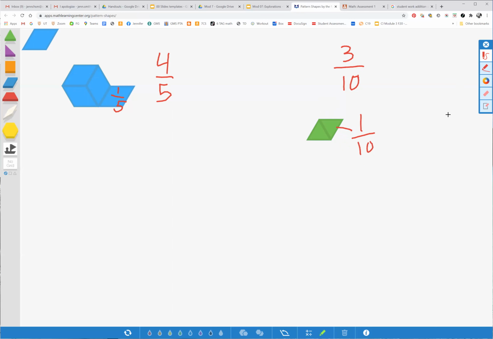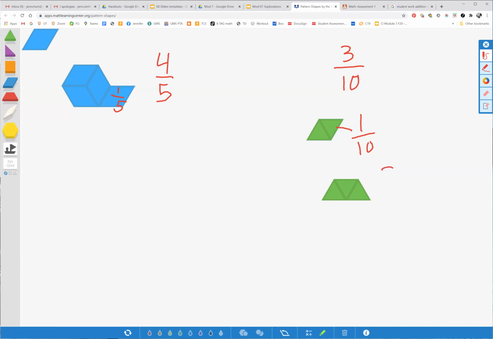Now if I want to build 3/10, I'm just going to drag 3 of these over here. 1, 2, 3, and I'll fit them together nicely, because that's one of the fun things about pattern blocks, that we can fit them all together nicely. So that's my answer.